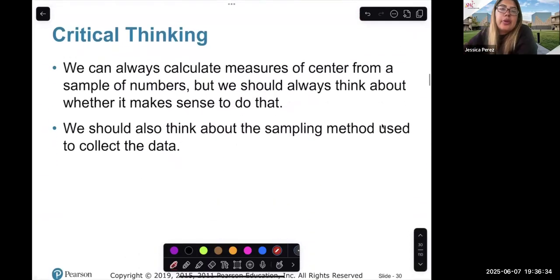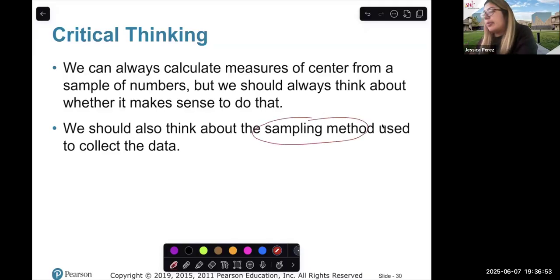So let's look at the critical thinking aspect of this. We can always calculate measures of center from samples of numbers, but we should always think about whether it makes sense to do that. We should also think about the sampling method used to collect the data. Remember, what do I mean by sampling method? Is this a convenience sample? Is this a random sample?